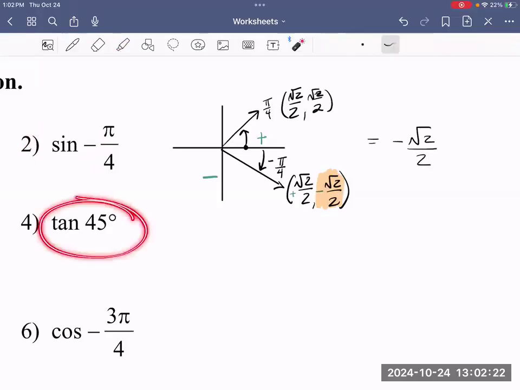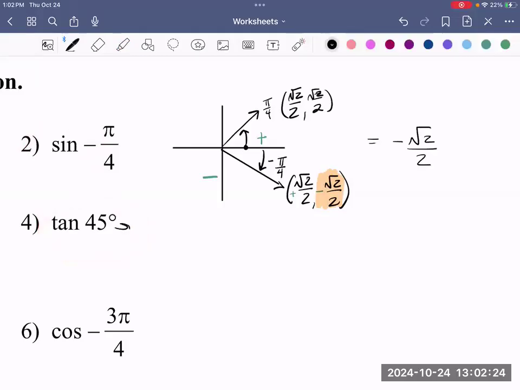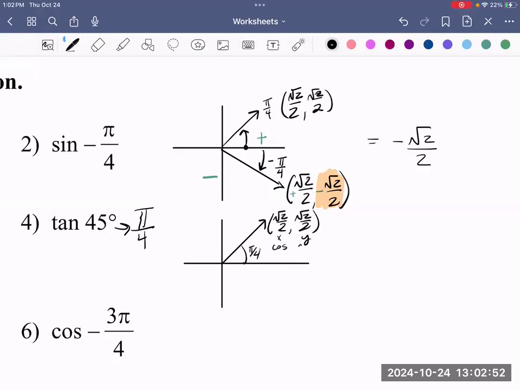Now let's do the same for a tangent of 45 degrees. Now I'm going to convert these degrees into radians. So 45 degrees is actually going to be the pi over 4 value we were talking about. Now because it is positive and located in the first quadrant, so this is pi over 4. Again, we're dealing with that value of root 2 over 2, root 2 over 2, x and y, or cosine and your sine value.